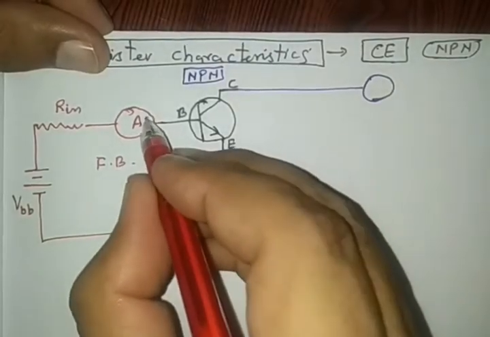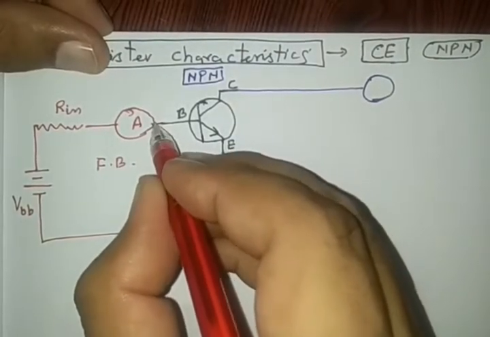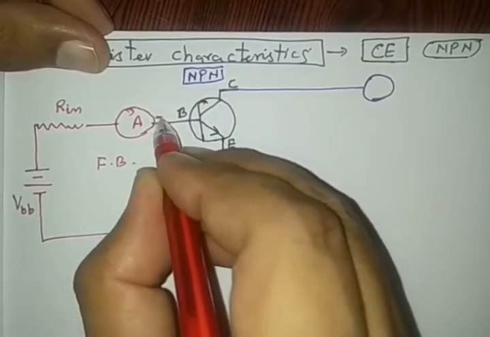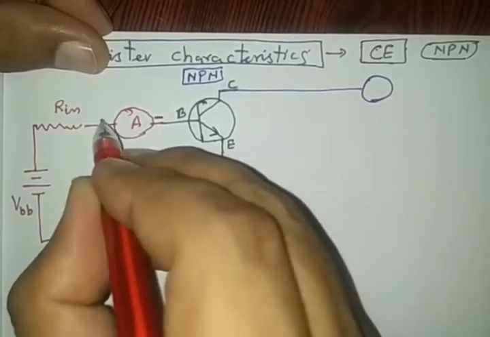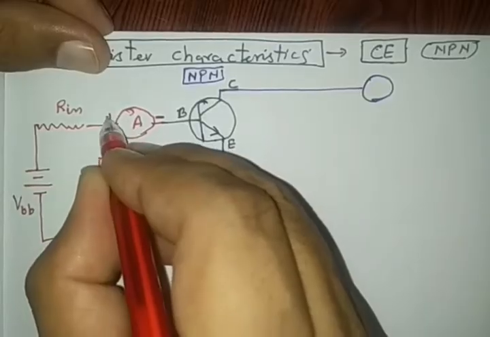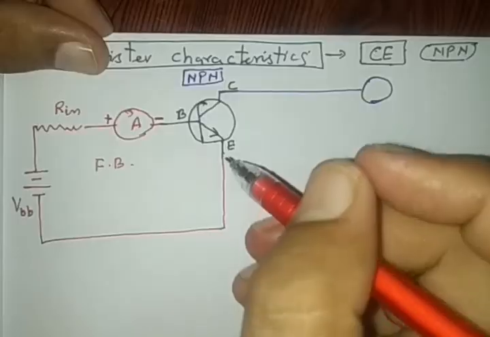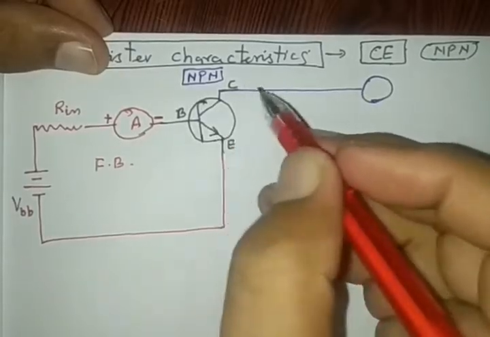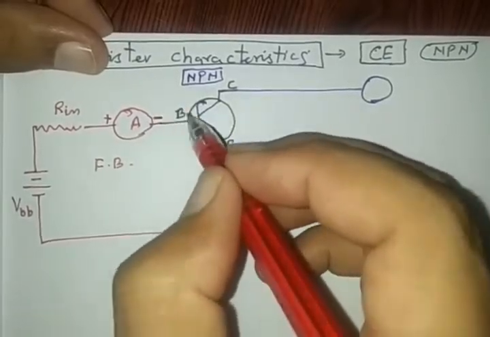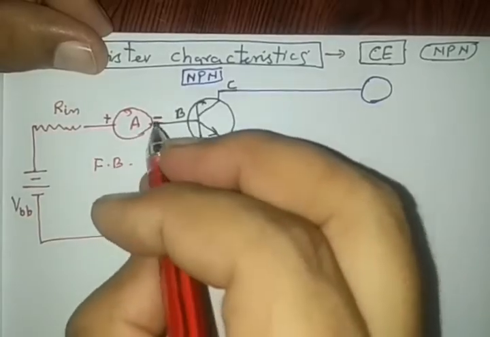See, to connect the ammeter in a circuit, remember, if it is the positive side, connect it with the negative side of the ammeter, so naturally this side will be positive. Right? Now see carefully here.